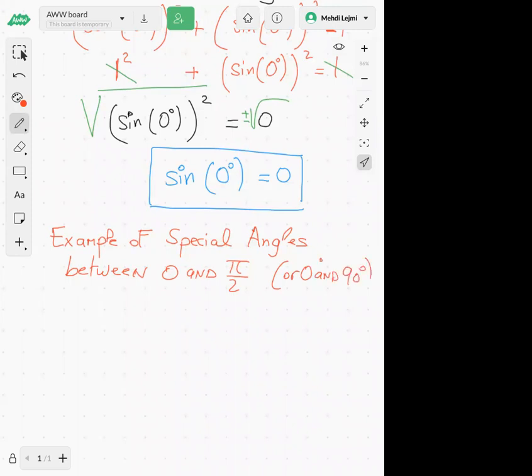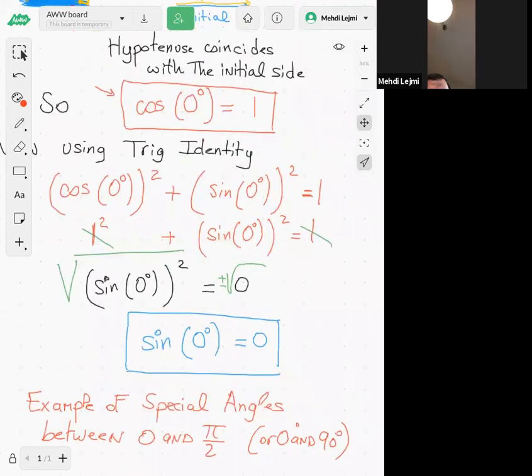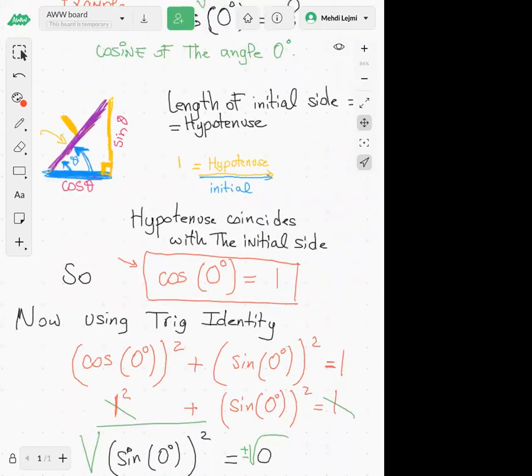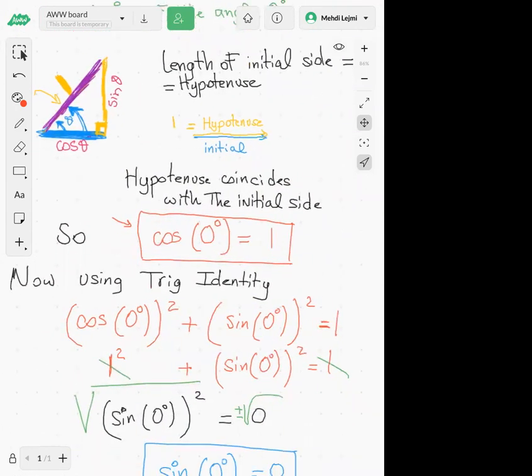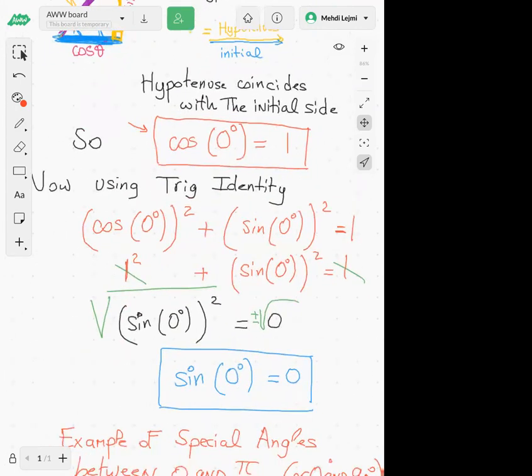So why did cosine of 0 become 1? Why is the cosine of 0 equal to 1? Oh, no, that's the square.